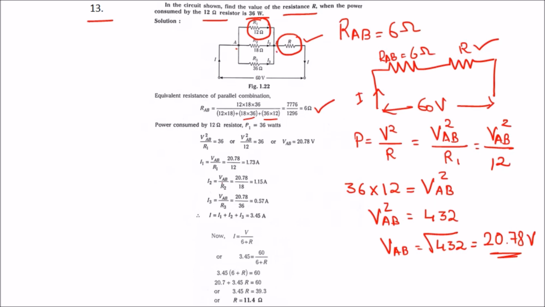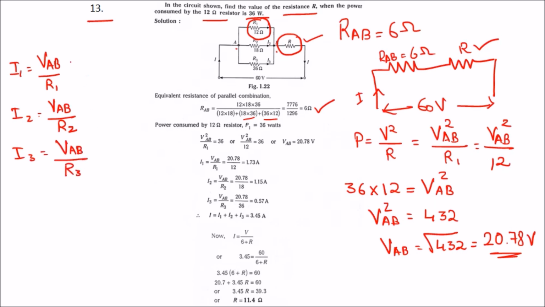So now we have got the voltage across point A and point B. Now let us find I1, I2 and I3 using this voltage. I1 is equal to VAB divided by R1, I2 is VAB divided by R2, I3 is VAB divided by R3.